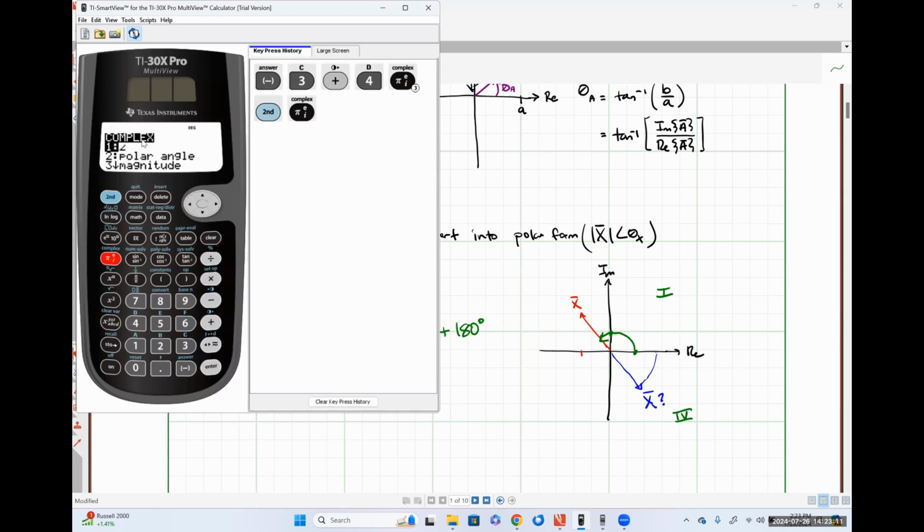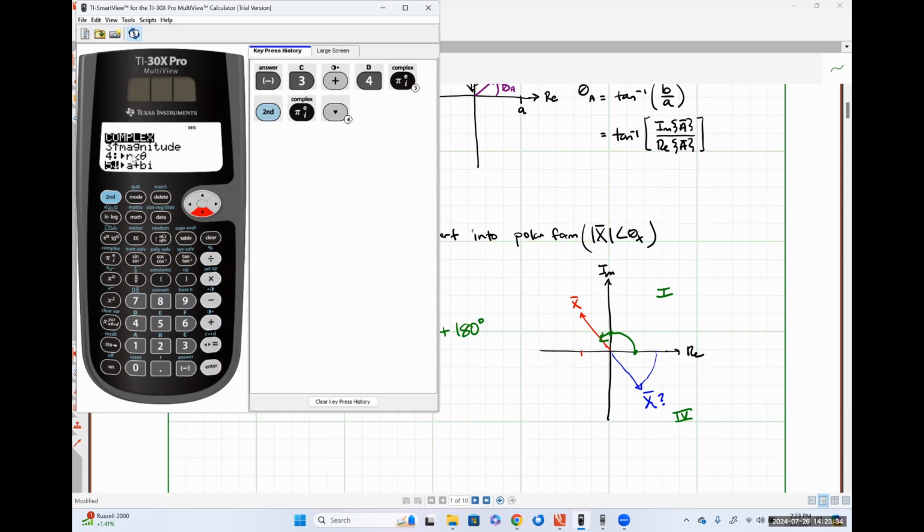And this is where all of the complex functions on a TI calculator live. So if we go down here, keep on going, option 4 here converts whatever we put in into polar form, and then option 5 converts whatever we put in into rectangular form.